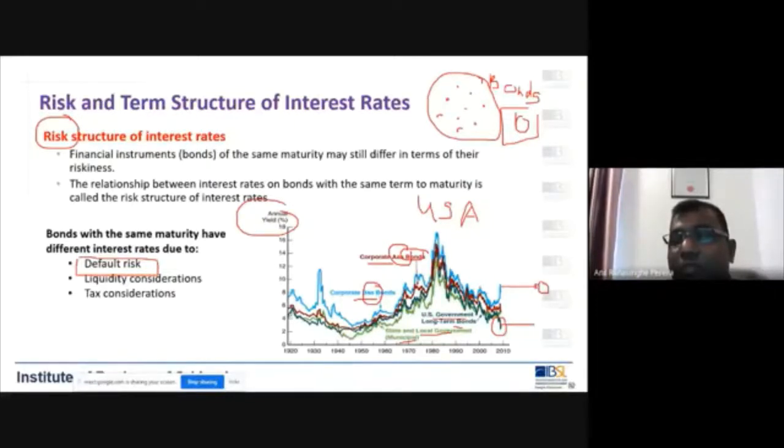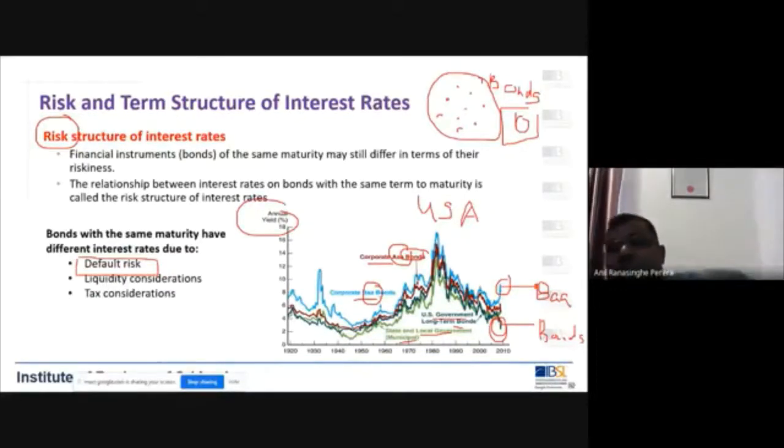So what is the observation? Government bonds are having the lowest interest. Corporate bonds with BAA is having the highest interest. What is the implication? What is the message there?